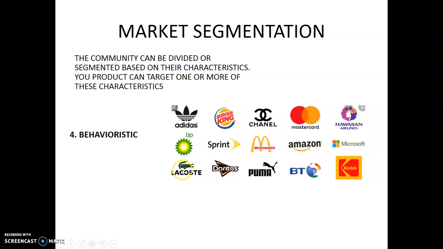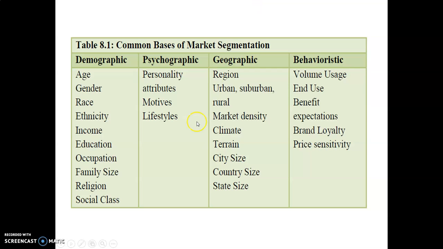Sometimes you choose the branded product because you want to use it. Now, this is how we divide our market. We call it market segmentation, where you divide your market based on demographic, psychographic, geographic, and behavioristic.